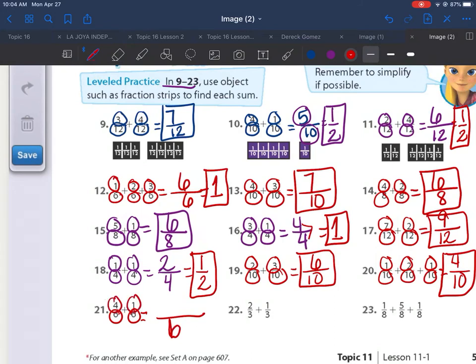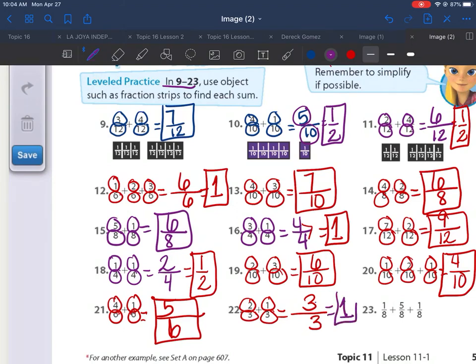Number 21, denominator stays the same. 4 plus 1 is 5. Number 22, denominator stays the same. 2 plus 1 is 3. Remember, when the numerator and the denominator are the same, that makes 1 whole.